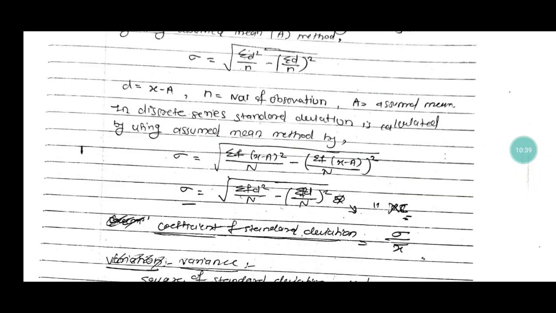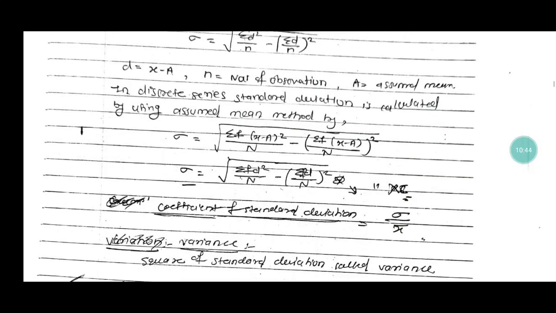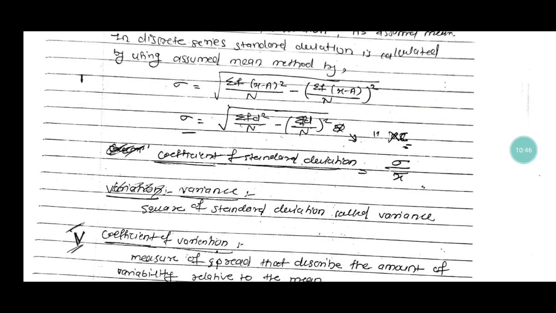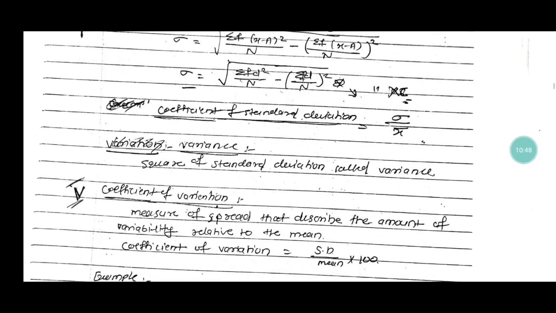The coefficient of standard deviation is sigma divided by x, that is the assumed mean or mean.